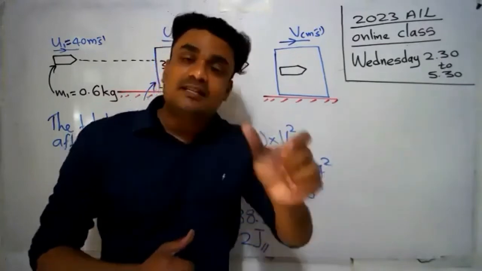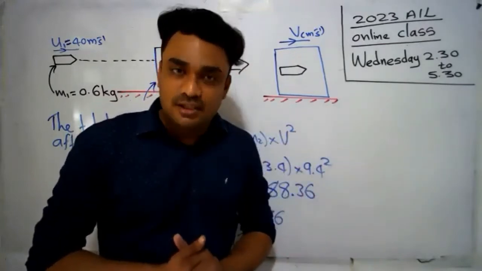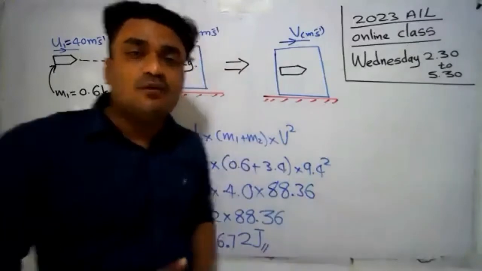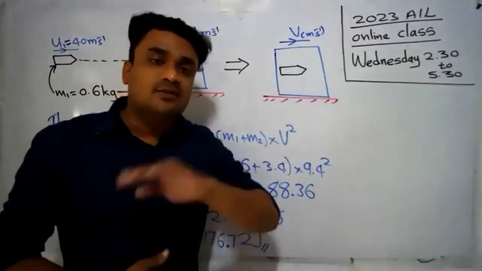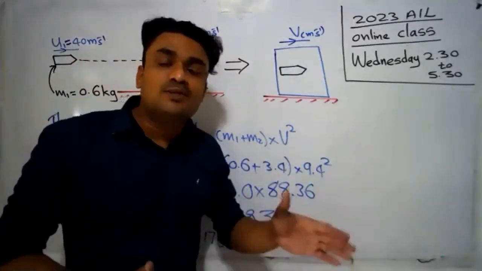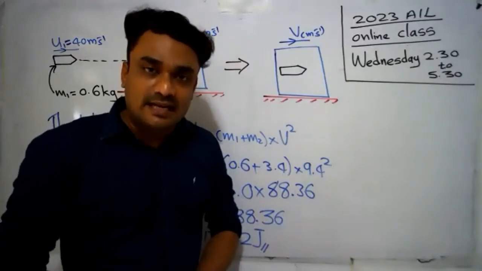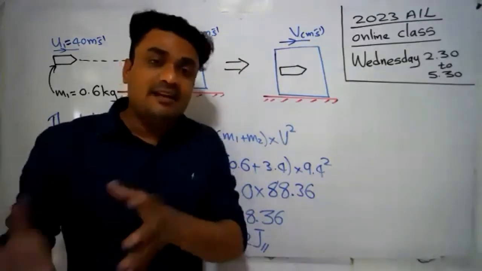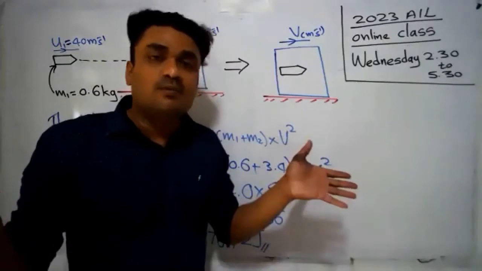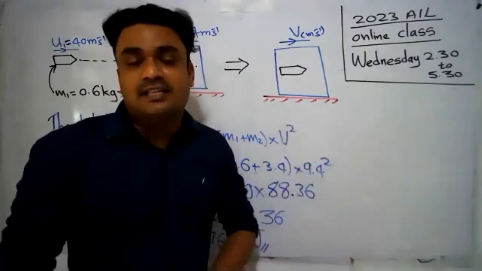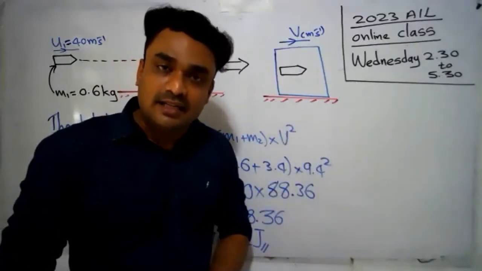The kinetic energy is converted into sound and heat energy. So a huge amount of initial kinetic energy is converted into the other forms of energy such as sound energy and heat energy. So as kinetic energy is converted into the other forms of energy, final kinetic energy is less than the initial total kinetic energy.